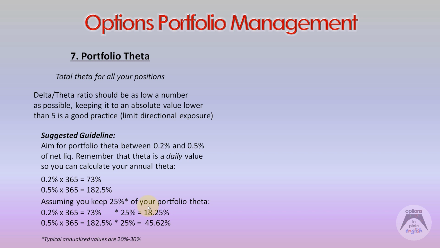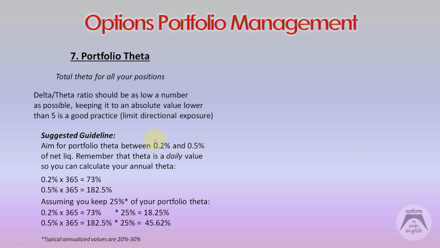So far we have for delta anywhere between minus 0.5% and plus 0.5%, but with absolute values not exceeding 1%, negative or positive. And for theta, anywhere between 0.2 and 0.5.